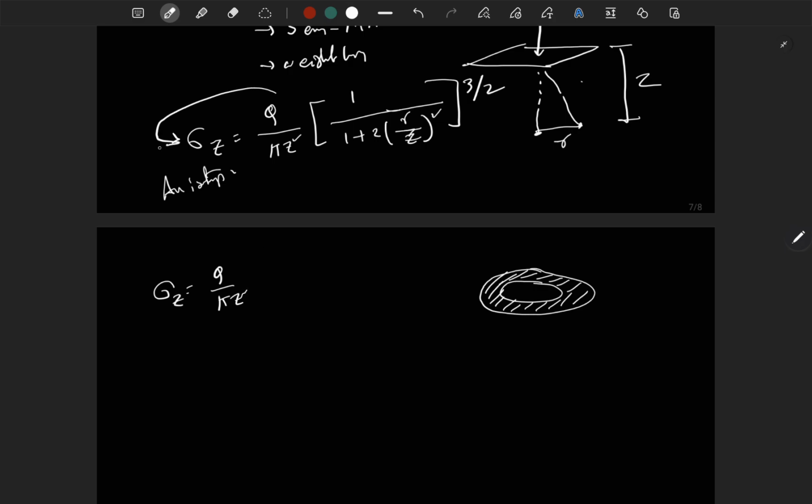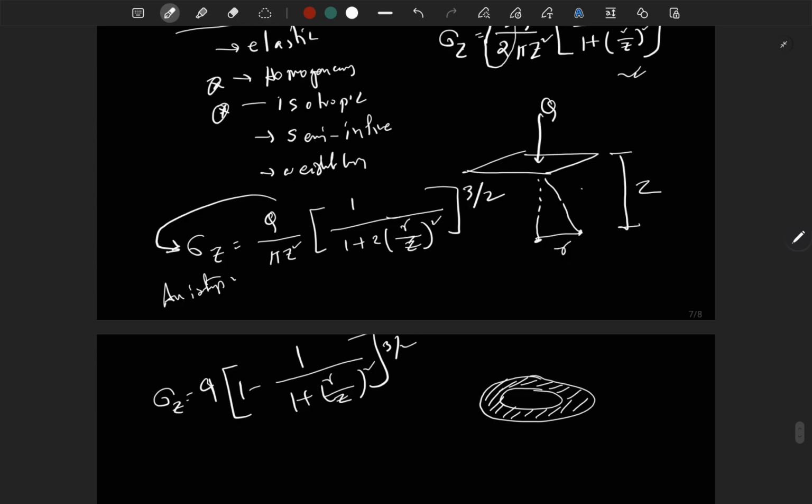Or you can simply write it in a different way. Let me give you the example: q into 1 minus 1 by (1 plus (r by z) square) to the power 3 by 2. Similar to the previous equation, just put one extra, 1 minus, that's it.